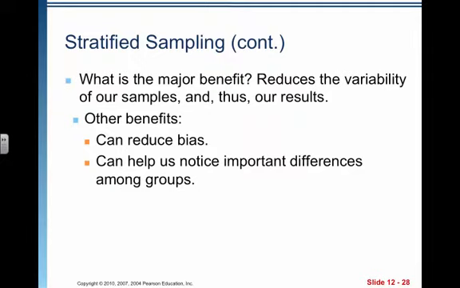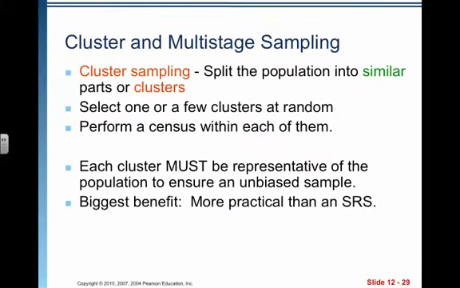And it can also help us notice important differences among groups. So if seniors had a different opinion about something than freshmen, it would be good if we were able to determine that.